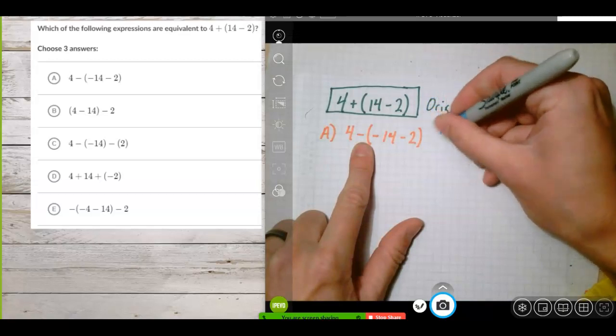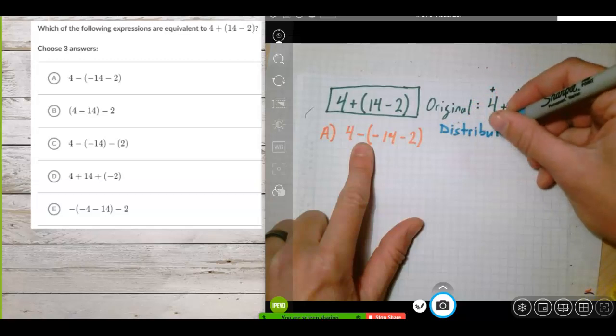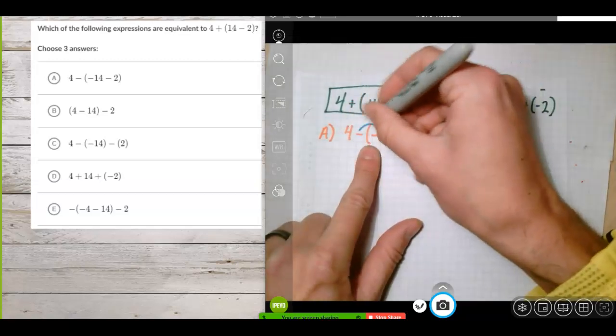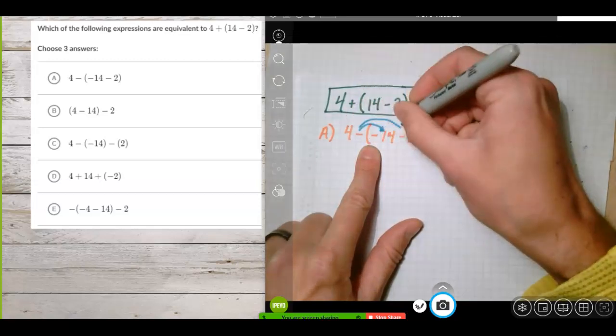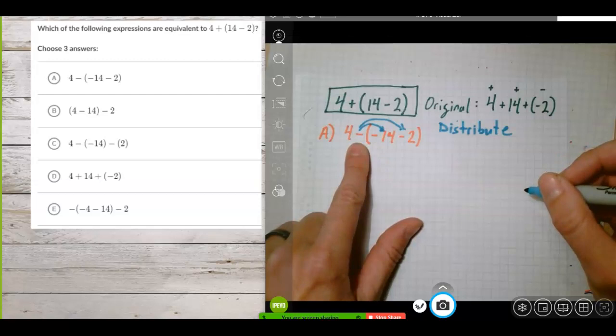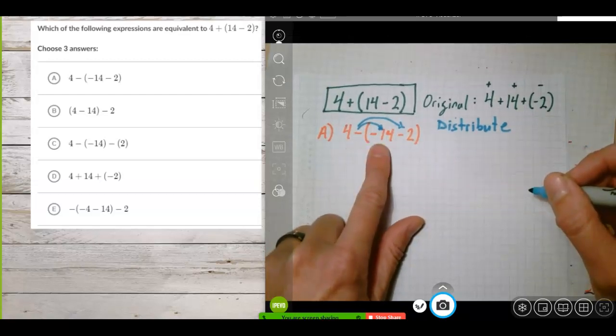It's called distribute. So anything right against a parentheses gets distributed, or essentially passed out, to everything inside of it. So this negative says make these following numbers the opposite of what they were.